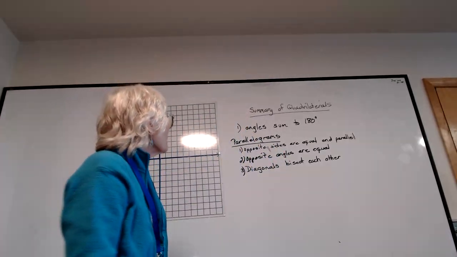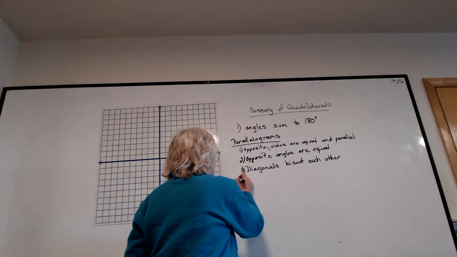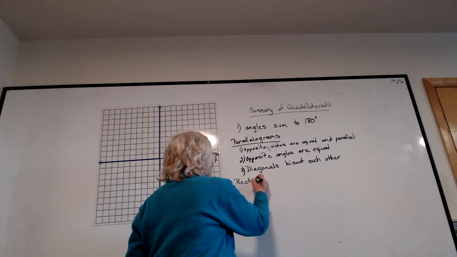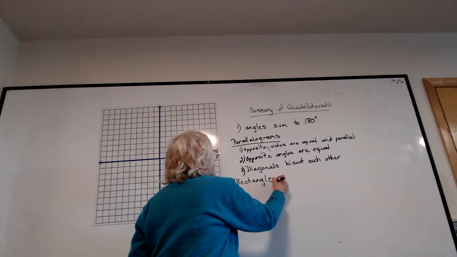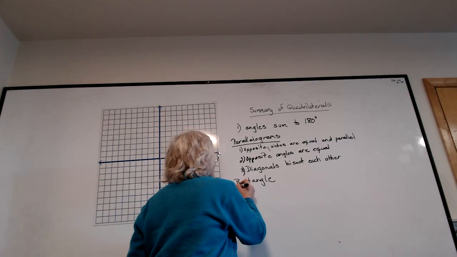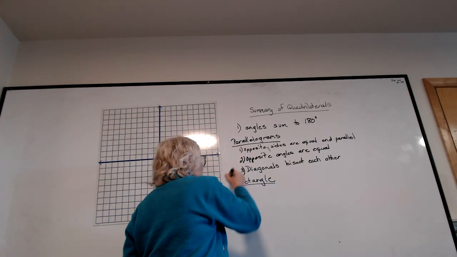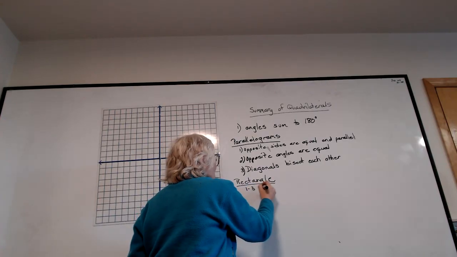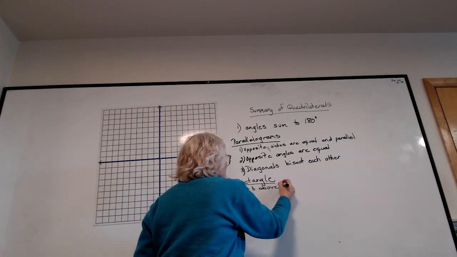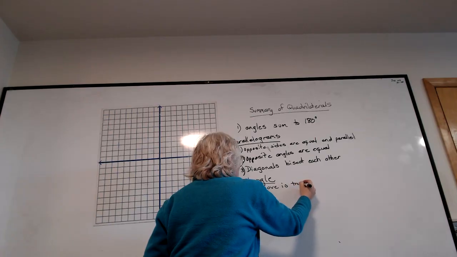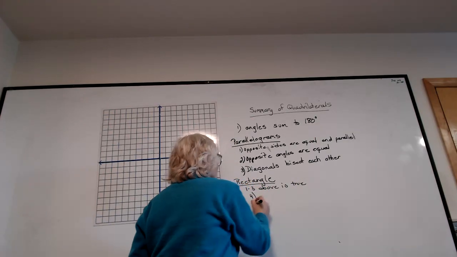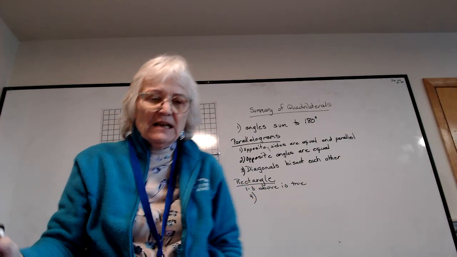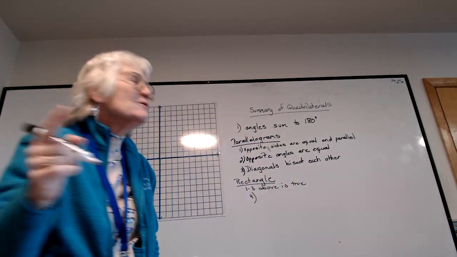So in a rectangle, which, remember, a rectangle is also a parallelogram, so everything up here is also true for a rectangle. It fits underneath these. Okay, so 1, 2, 3 above is true. The fourth one of a rectangle is that the diagonals are equal.